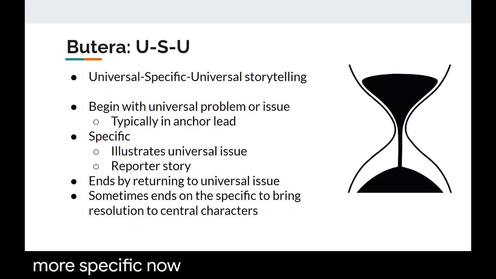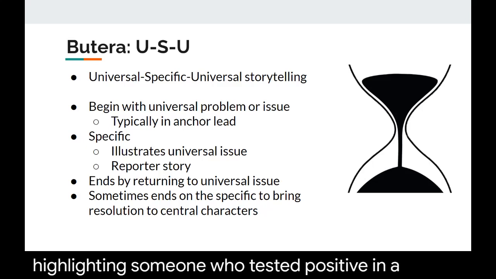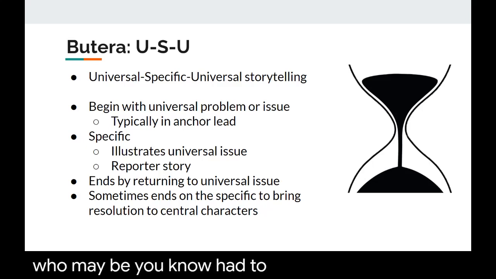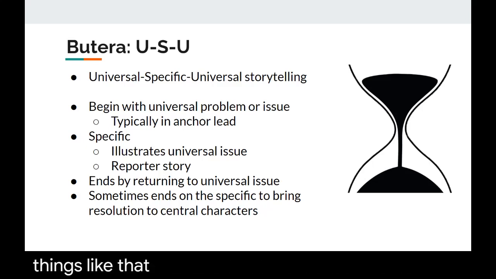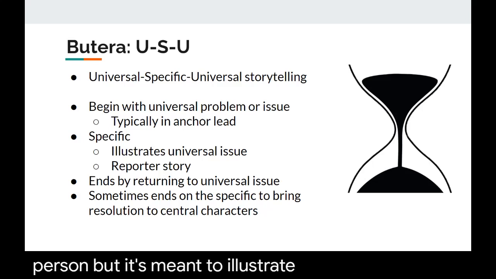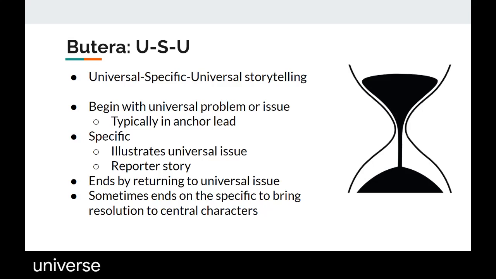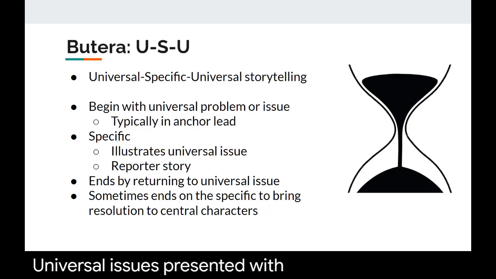Now you can become ultra specific by highlighting someone who tested positive in Alabama who maybe had to be hospitalized or things like that. That becomes an ultra specific example that just applies to one person, but it's meant to illustrate the specific and universal issues presented within the story.